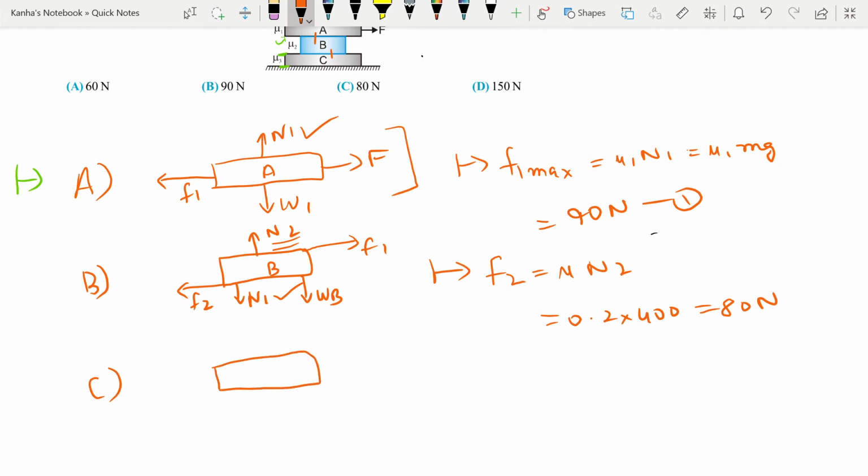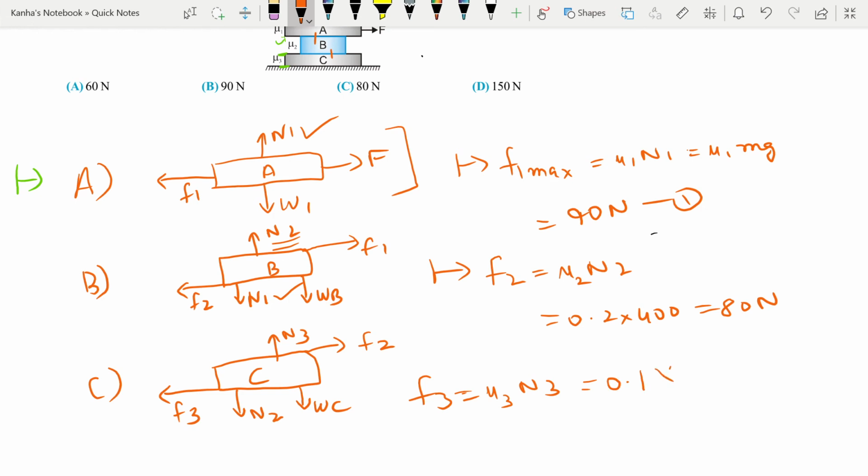For C also, what I'll have is C is being pulled to the right side by F2. There is an F3 here, and there is N2 here. There is WC here, and there is some N3 from the ground. Now F3 is equal to mu3 into N3. This is mu2, this is mu1, which turns out to be 0.1 into 600, which is 60 Newton.